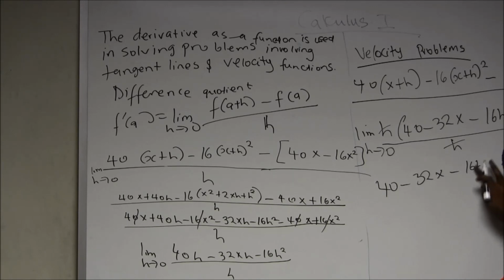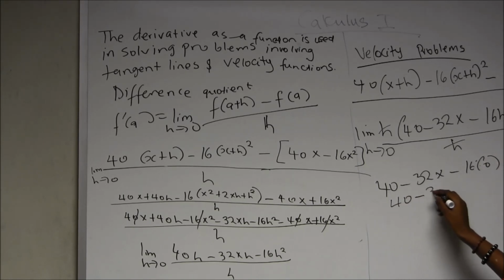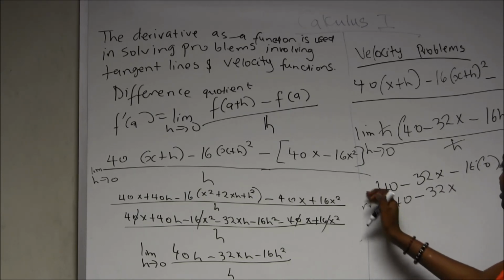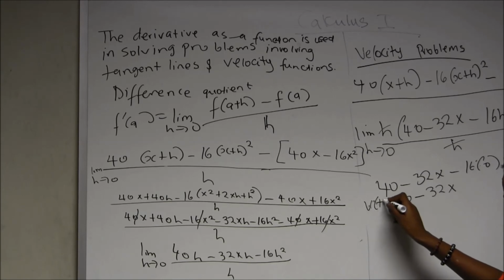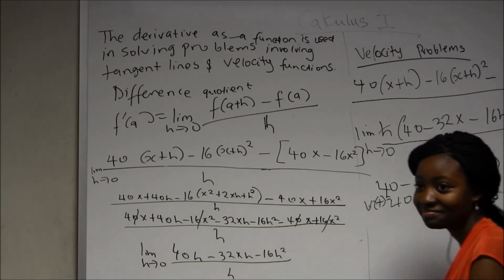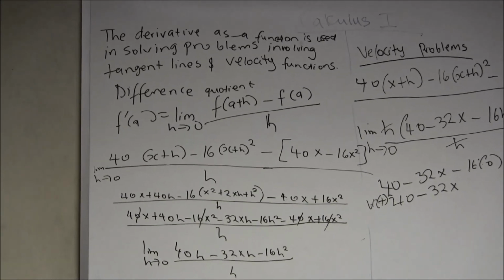Plug in my 0 for h, so I have 40 minus 32x. So this is my velocity function. That's it.